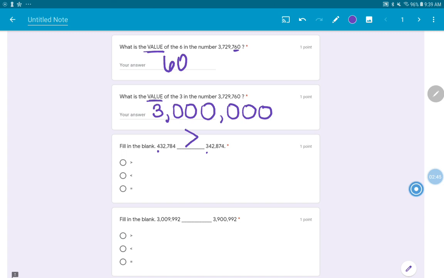What do you notice when you compare the 100,000s? 3,900,992 is greater. Very good. In the first number, we have 0 100,000s. In the second number, we have 900,000s. So we need a less than symbol. 3,009,992 is less than 3,900,992.